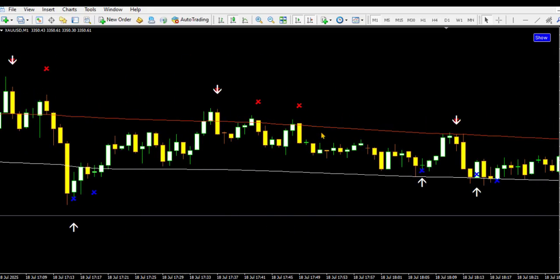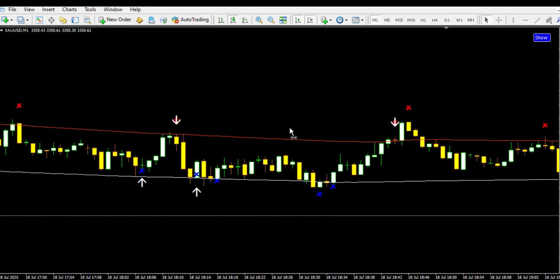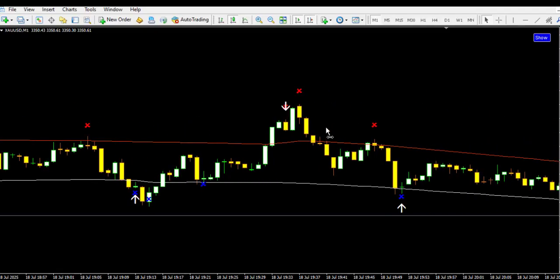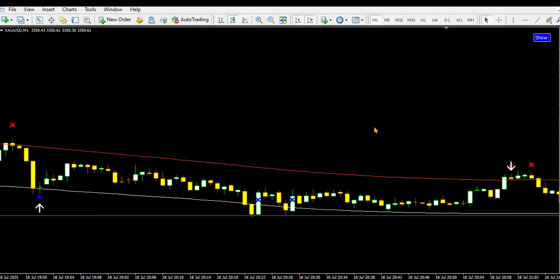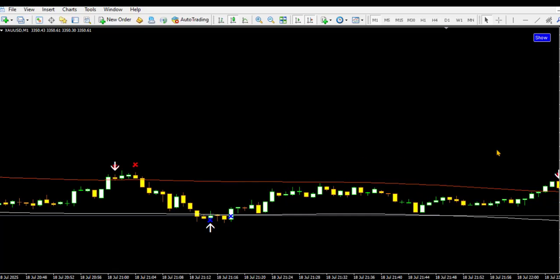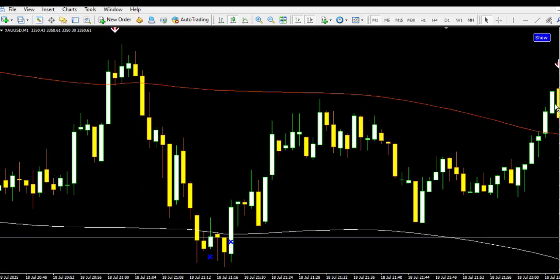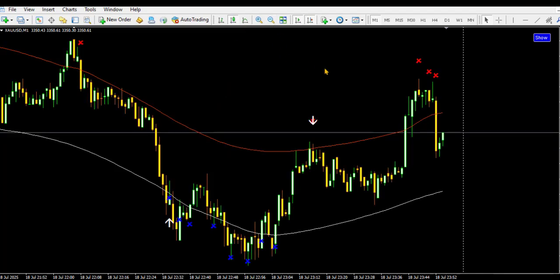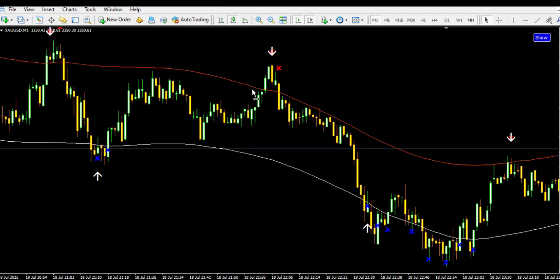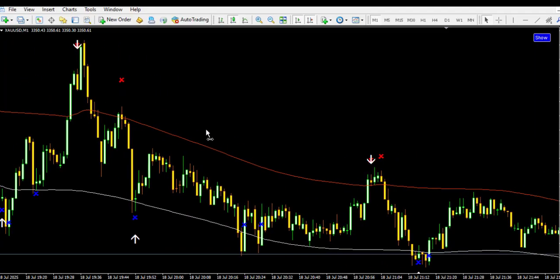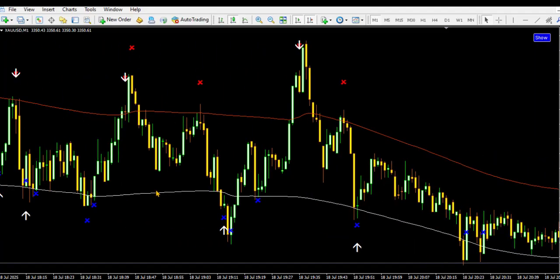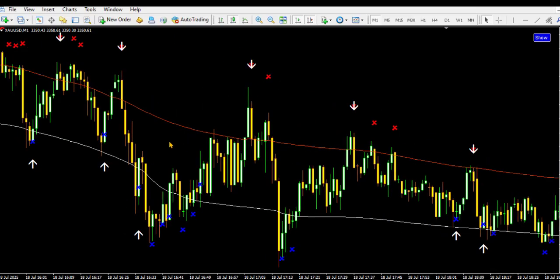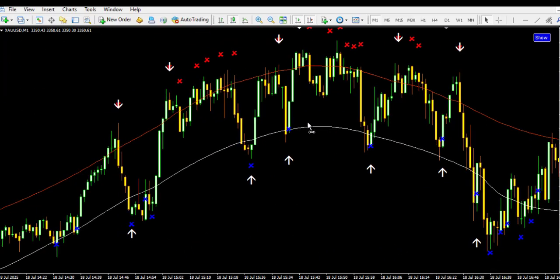We have a lot of opportunity to scalp on 1 minute time frame, as you can see, and all did deliver. As you can see, we have more than 20 or 30 trades taken on 1 minute time frame and all delivered using this particular strategy.